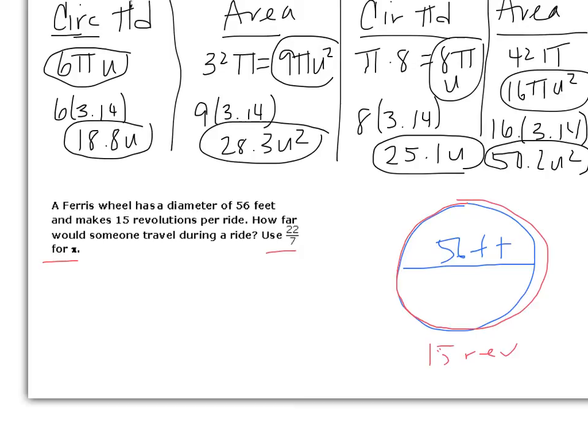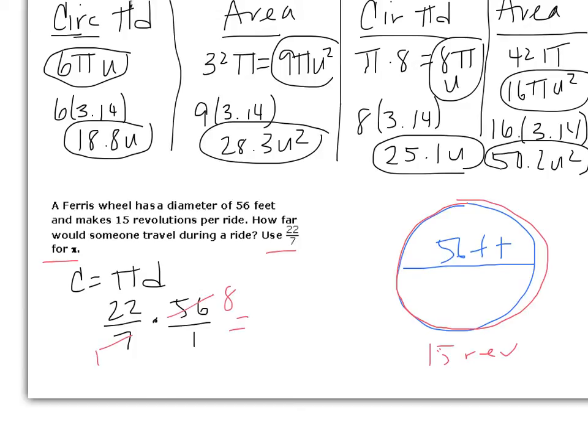Now, the distance around the circle is the circumference, so a revolution is the same as circumference. So we're going to do circumference equals pi times diameter. And instead of using the pi number 3.14, they want us to plug in 22/7. So 22/7 times 56, I'm going to make it into a fraction, which would be 56 over 1. This one's nice, you don't even need a calculator. 56 and 7 are both divisible by 7.